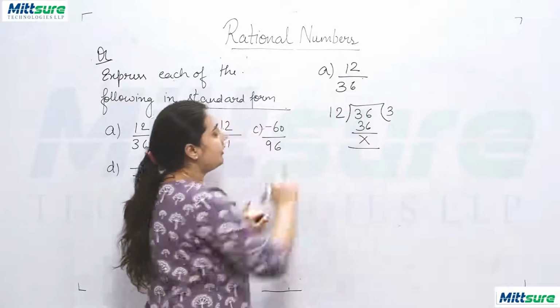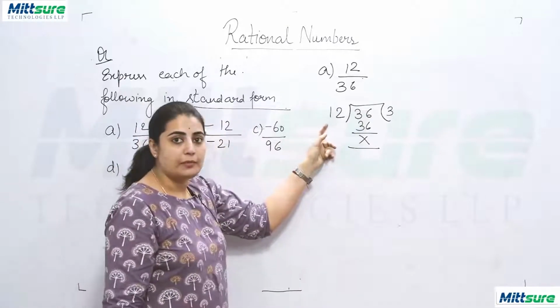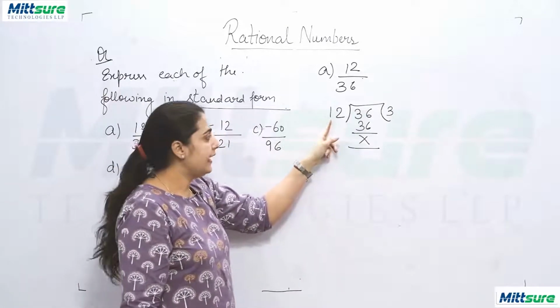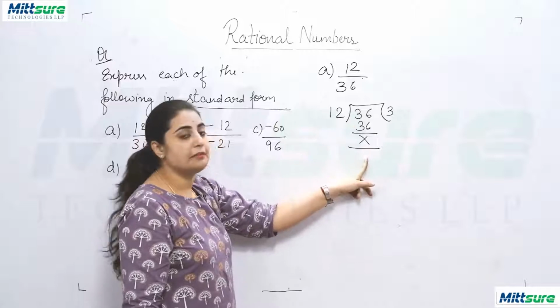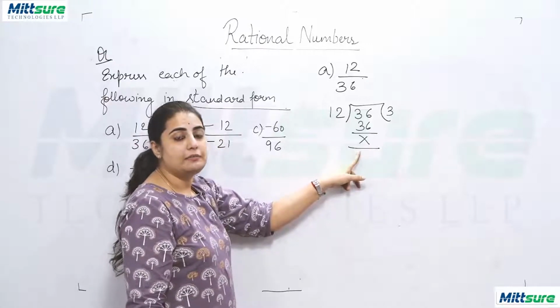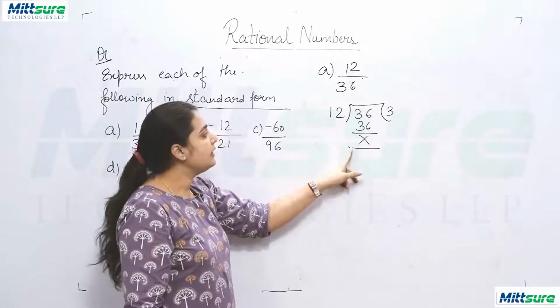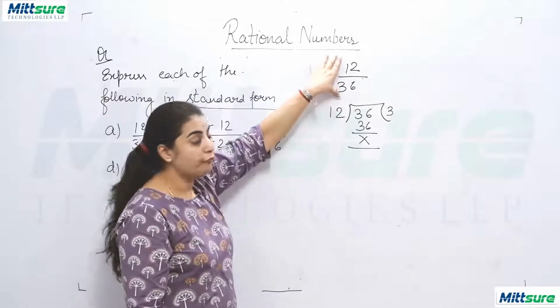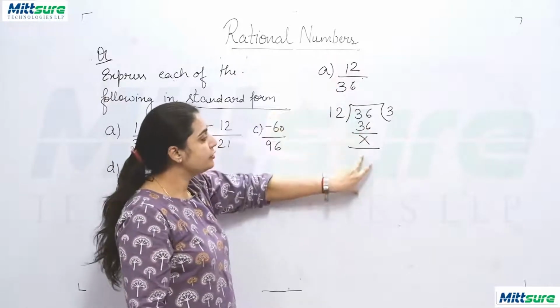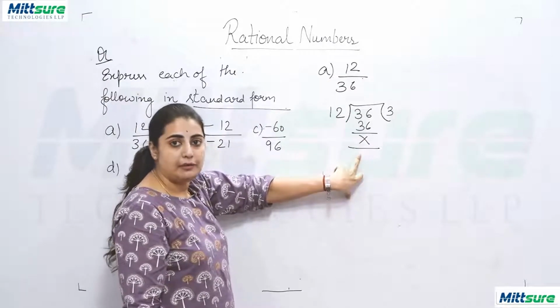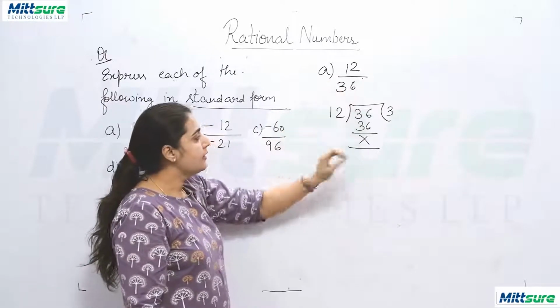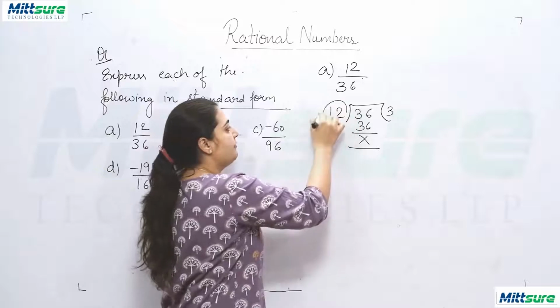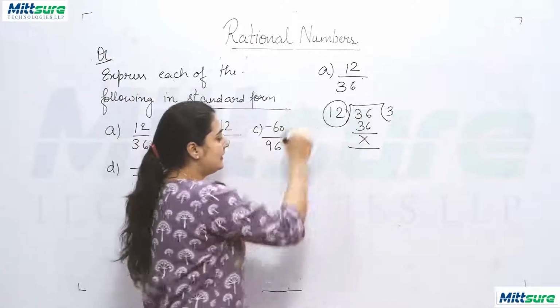Now, for getting the highest common factor, that is HCF, the division should complete with remainder 0. I am repeating again, if you want to get the highest factor of two numbers, your division should get 0 remainder. So in this case, what is my highest common factor? 12. So let's see.